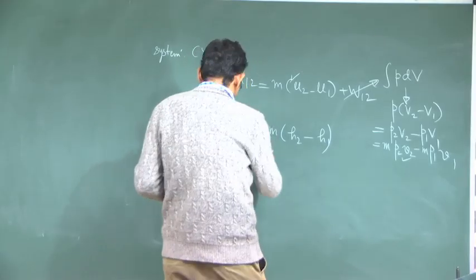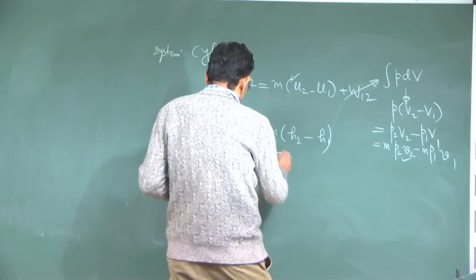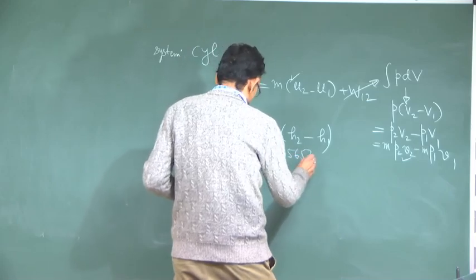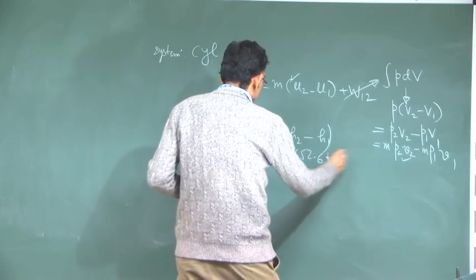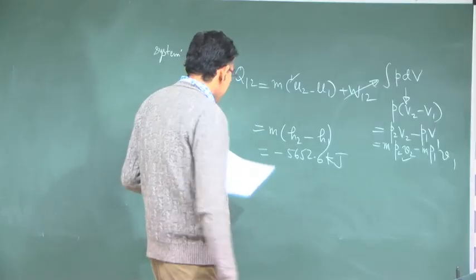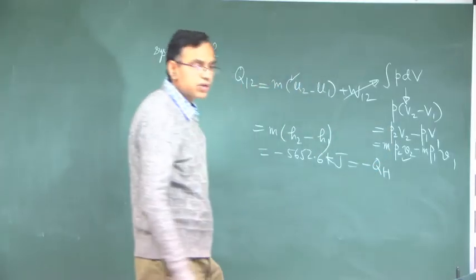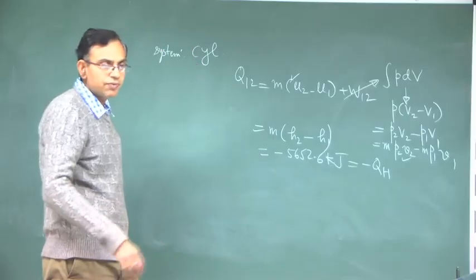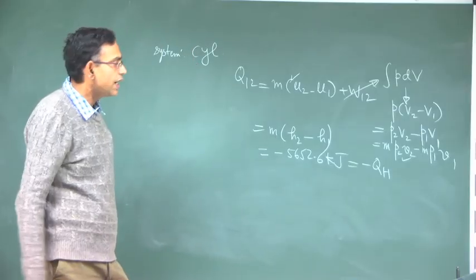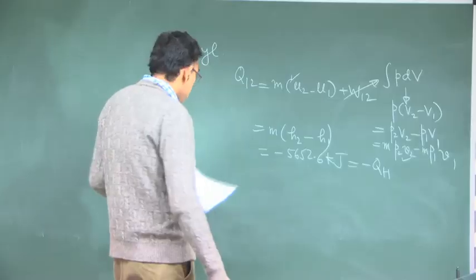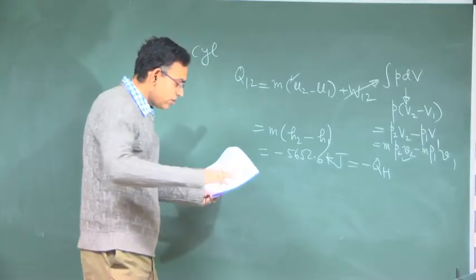So, if you calculate this heat transfer, this is minus 5652.6 kilojoule. This is equal to minus QH because heat transfer to the cylinder is positive. So, heat transfer from the cylinder is negative.